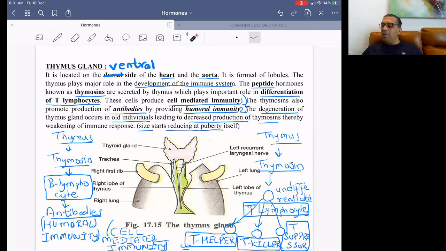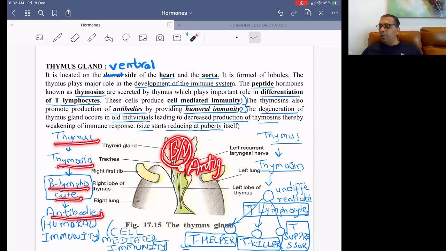And the thymus gland also produces thymosin, which acts on B lymphocytes. And B lymphocytes produce specific proteins called antibodies. So sir, this is the real logic. Suppose this is a bacteria or virus, and on it is a surface protein called antigen.